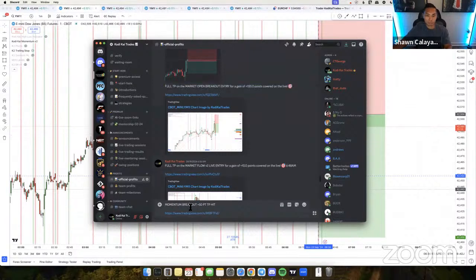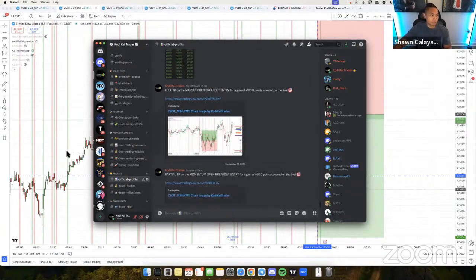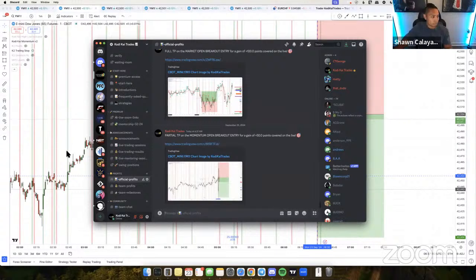Here, I'll just copy this right here. TP on the momentum breakout entry for 50 points. I was hoping there'd be more direction today, but it's looking like we're going to get some of this sideways move. Here are my profits.